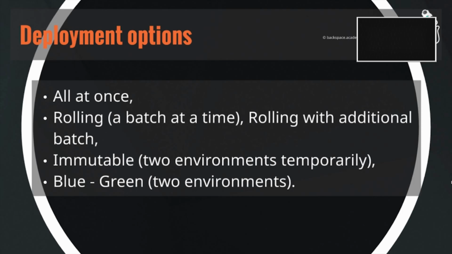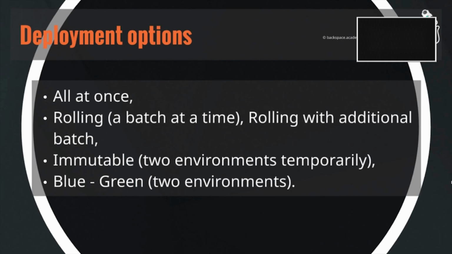So another option is a rolling deployment, which will deploy your application to a single batch at a time. If you've got 20 EC2 instances, it can deploy to, say, 2 at a time. So you're not going to be down by much. You're just going to be down from 20 instances to 18 instances, but your architecture will still be responding to requests.